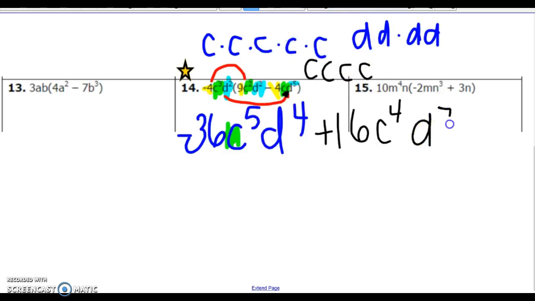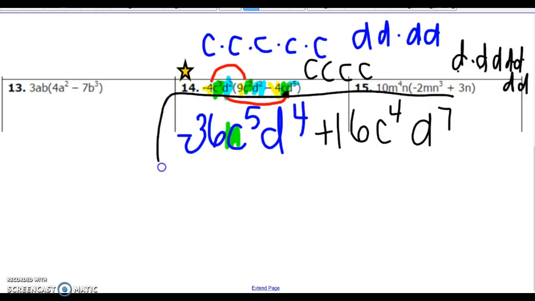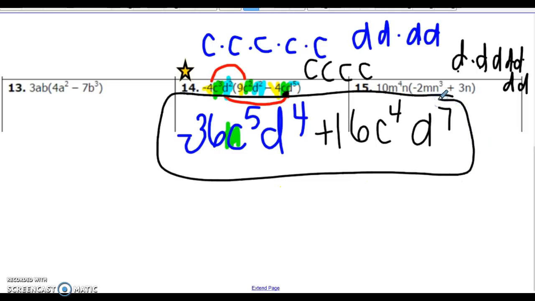D to the 7th. If you're like, how did that happen? Well, d squared is d times d. Then if you multiply it by d to the 5th, that's to the 1st, 2nd, 3rd, 4th, 5th, 6th, 7th power. And this is your solution. To which you say, there's letters everywhere. I know, and it's okay. We're working through a process, and it's a beautiful thing.